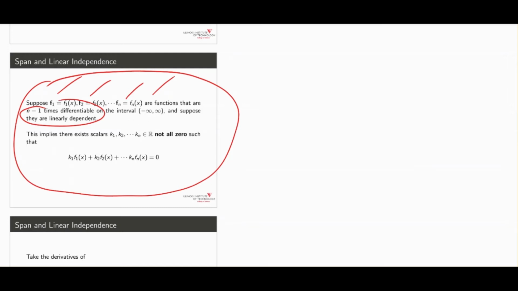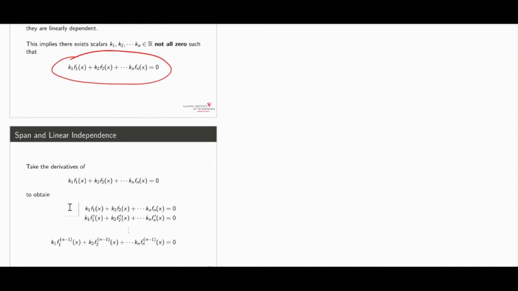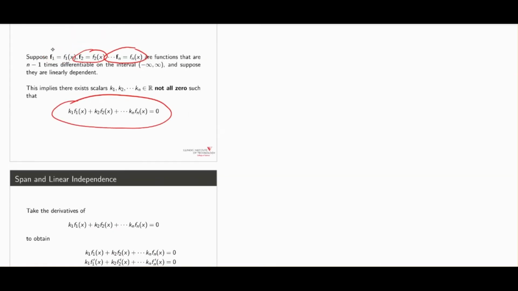All right. So again, the question we are looking at is that we have all these functions, f1, f2, all the way to fn. Question is, are they independent or are they not? So we always set up these equations and try to solve for k1, k2, all the way to kn, right? Okay, so let's develop a method to do that.